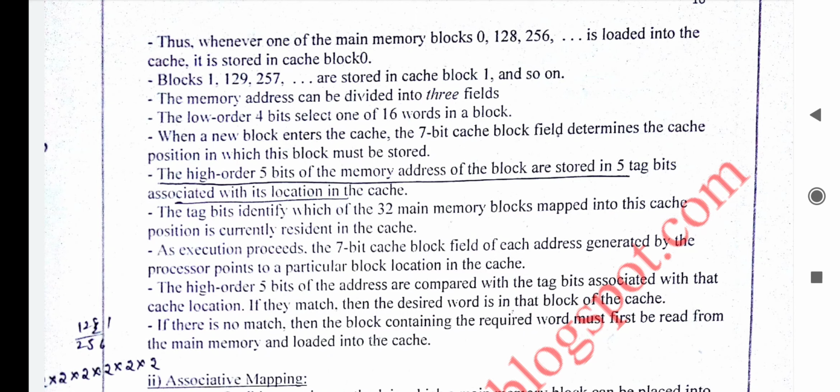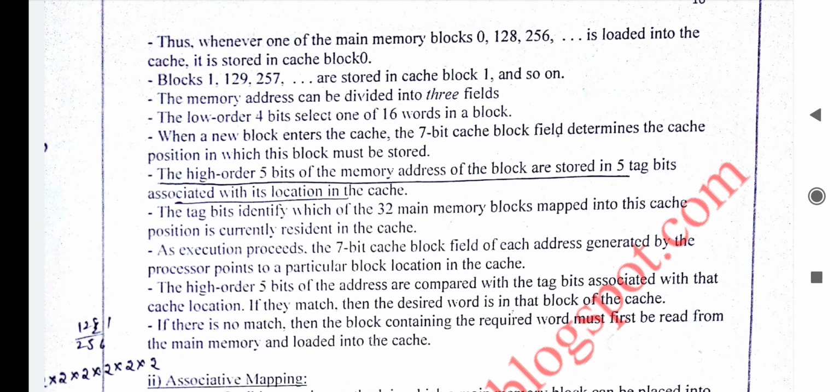Lower order 4 bits select one of 16 words in a block. When a new block enters the cache, the 7-bit cache block field determines the cache position in which this block must be stored. The higher order 5 bits of the memory address of the block are stored in 5 tag bits associated with the location in the cache.